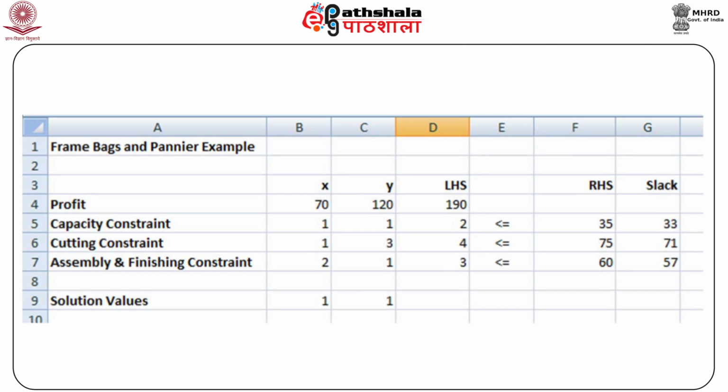To test whether the cell entries are correct, let's try some different values by changing the values in cells B9 and C9. Change both of these values to 1 and observe the values in the target cell D4, the left-hand side values of the constraints in cells D5 through D7, and the slack in G5 through G7.